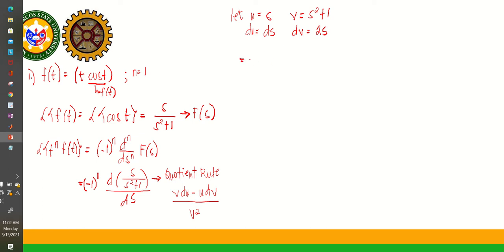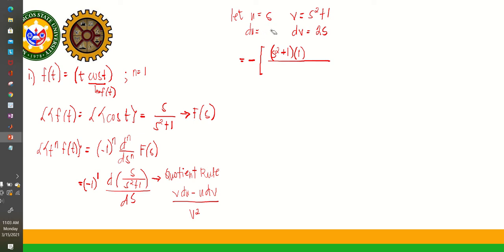Okay. So, let us apply. Negative 1 raised to 1 is negative 1. So, that will be negative times v, which is s squared plus 1, times du, that is 1. Oh my God, this is wrong.